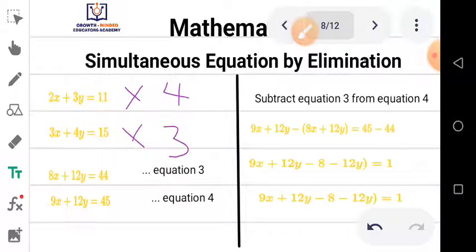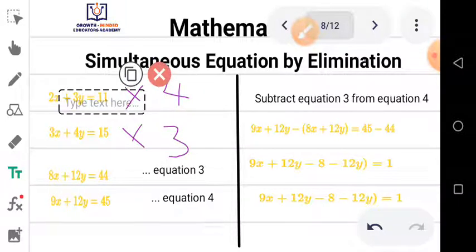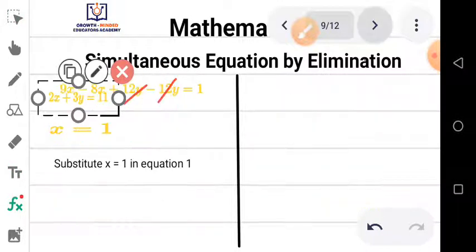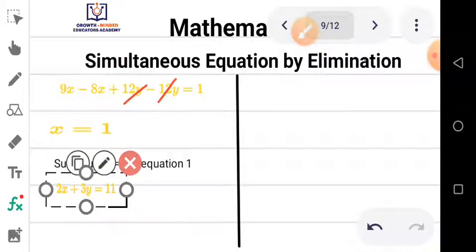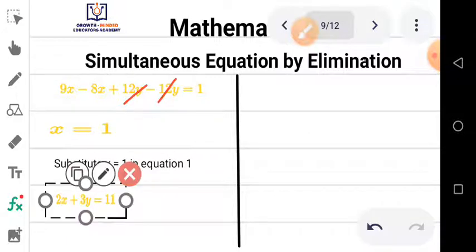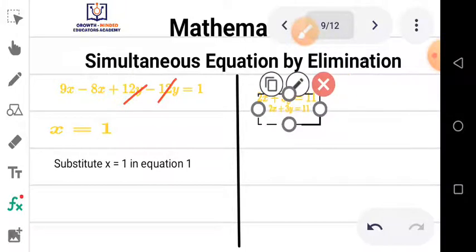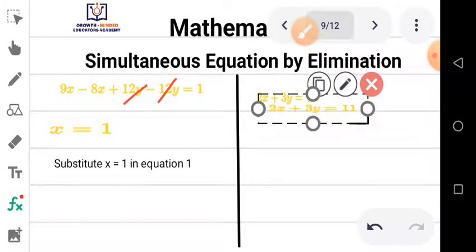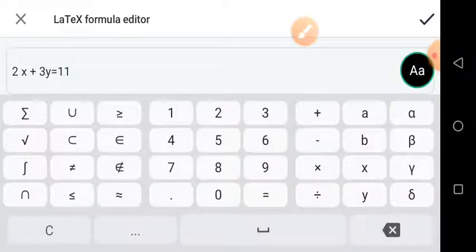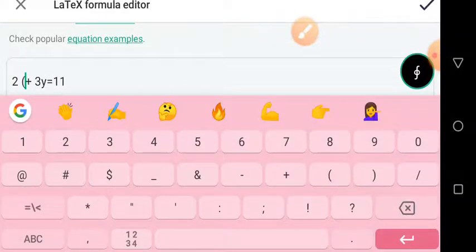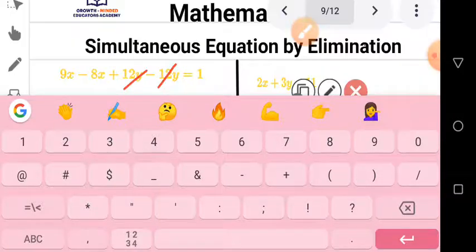So now what is equation 1? Let's bring equation 1 here. Remember that x equals 1, so anywhere we see x, we just put 1.